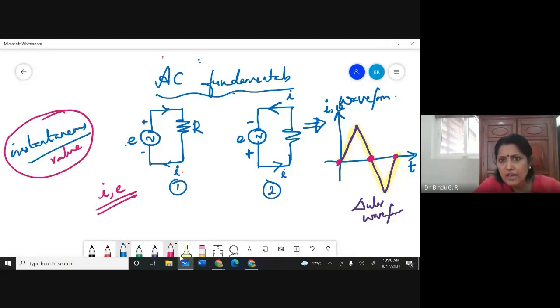One way of representing this is by using a waveform. Another way of representing is using instantaneous values. But which instant?